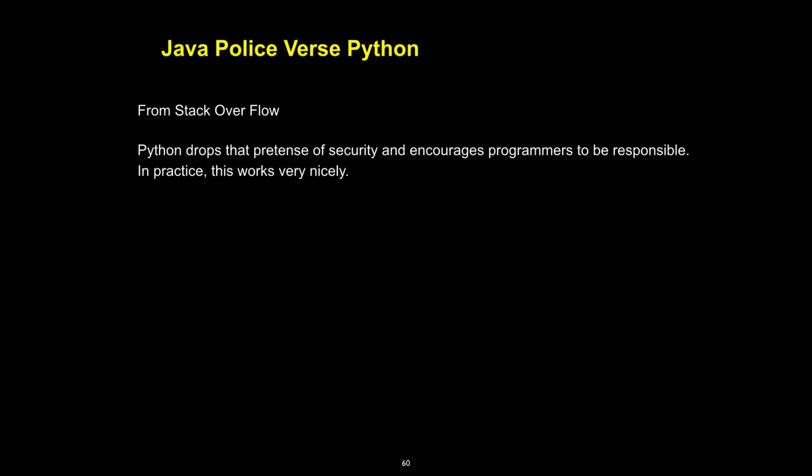Don't you trust your employees? I mean, if you don't trust them, why'd you hire them? And literally that's the argument I've heard. People on the Python side say, if you don't trust your programmers, you have a much bigger problem than just having someone accidentally muck with something they shouldn't.